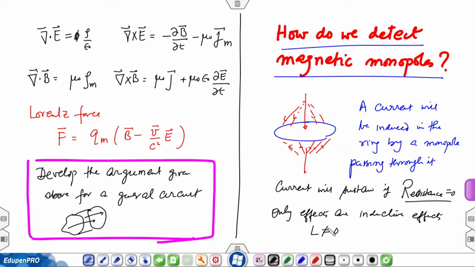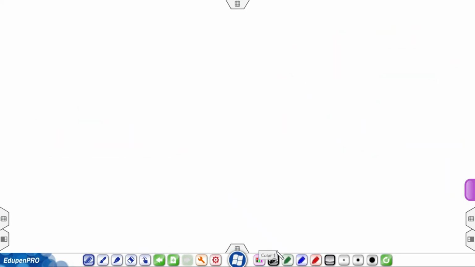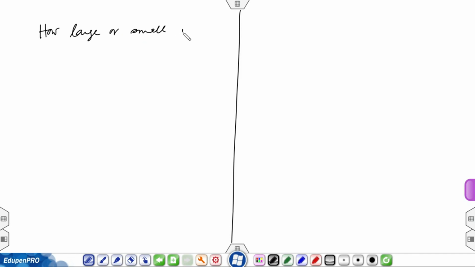The other question I am going to address now in a very simple manner is how large or small is a magnetic monopole. Is there a limit to it?